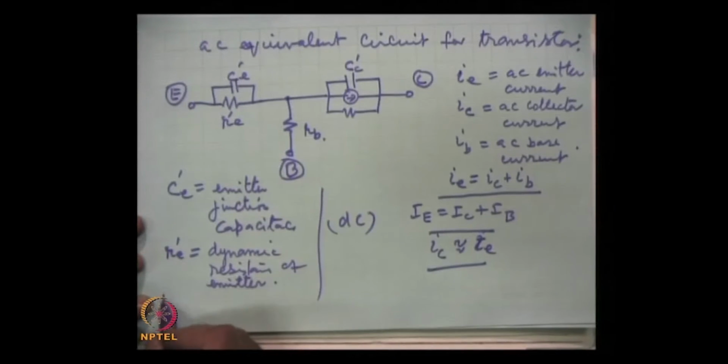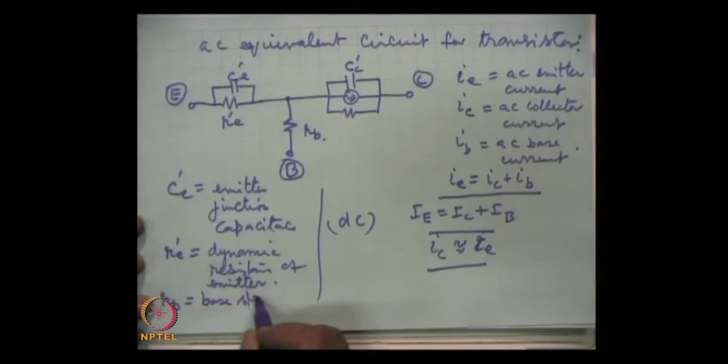R B is the base spreading resistance, we just talked about the base spreading resistance.